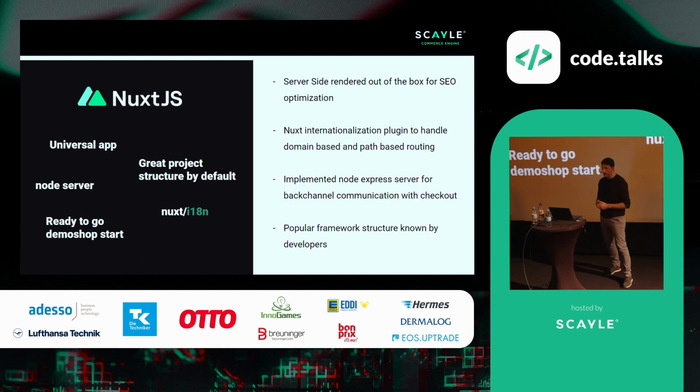And for internationalization, there are some plugins also offered by Nuxt to use a path-based or domain-based approach to handle the languages. Everything is in the right place. We can implement external tools like Crowdin and connect to those languages. So everything is set up in a way that developers feel good with it. And it's a complete application that we can start and work with.